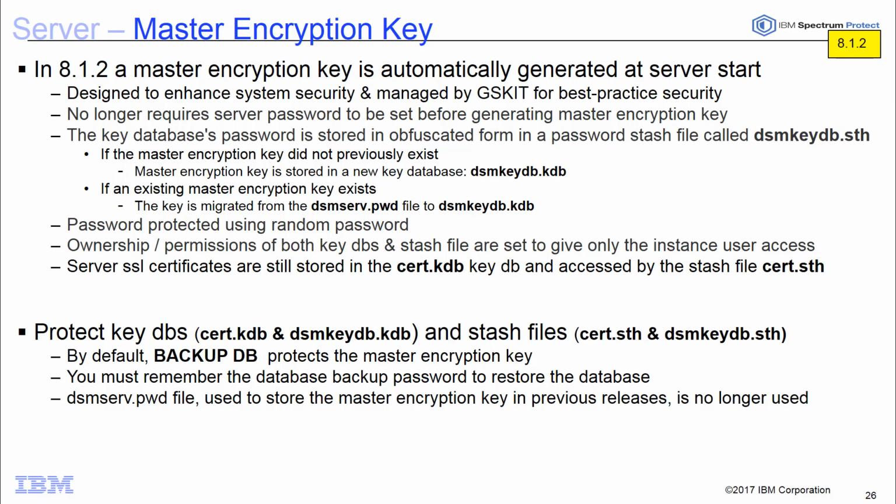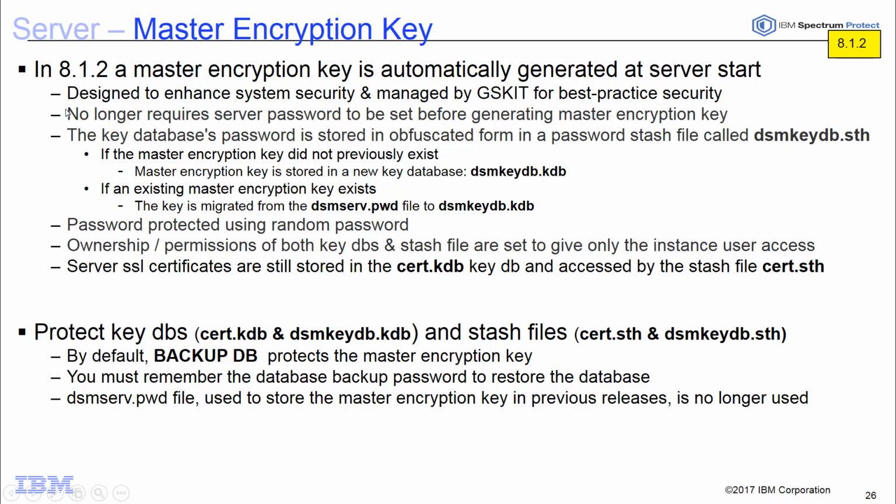In 8.1.2, a master encryption key is automatically generated at the server start. This master encryption key is designed to enhance the system security. It is managed by the IBM GSKit for best practice security.